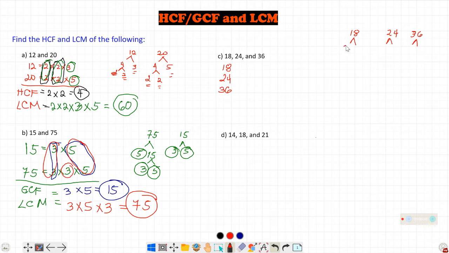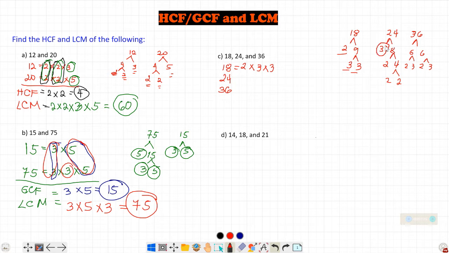So 18 could be 9 times 2, and this 9 is 3 and 3. For 24, it could be 3 times 8, and 8 is 2 times 4, and 4 is 2 and 2. 36 is 6 times 6, and this is 2 and 3, and 2 and 3. So these are the prime factors of 18: 2 times 3 times 3.